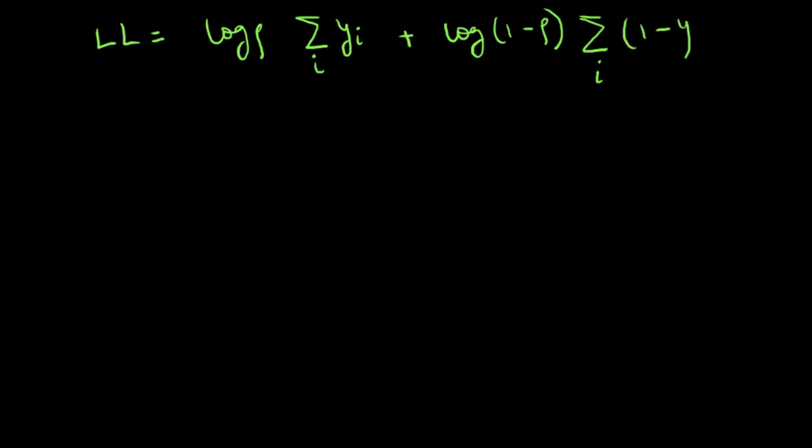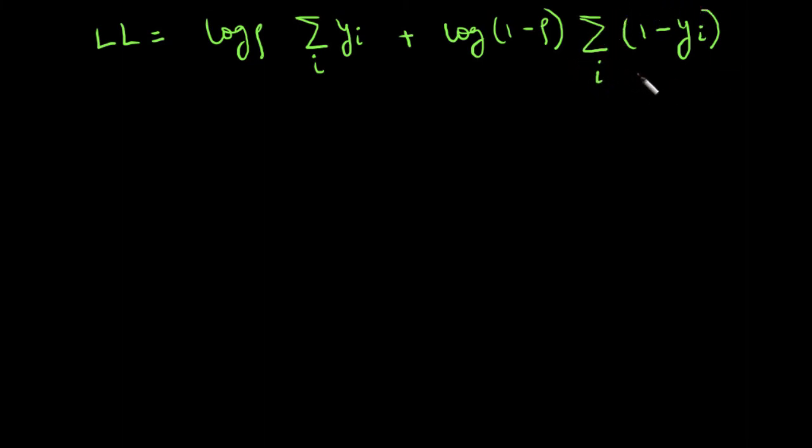Now this is fairly simple. Our yi can be 0 or 1. So the sum over all i of yi will be nothing else but the number of heads. Similarly, this will be nothing but the number of tails.